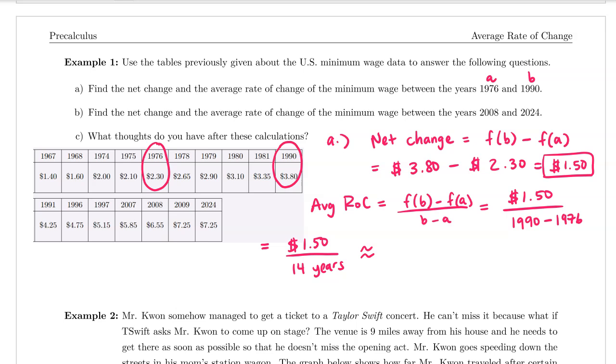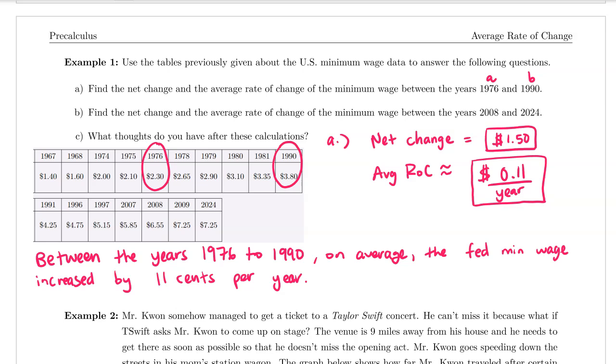So this is going to be approximately 11 cents per year. So again, the interpretation of this calculation is that between the years 1976 to 1990, on average, the federal minimum wage increased by 11 cents per year.